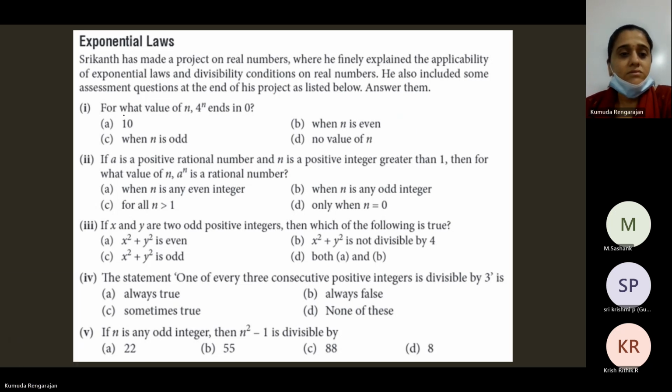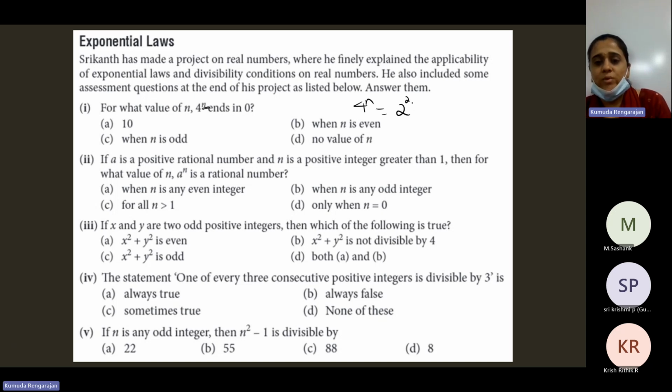So for what value of n does 4 to the power n end in 0? No value. Whether n is odd, even, whatever it is. 4 to the power n, this is what you should be writing, is 2 squared, the whole power n, which is 2 to the power 2n. This means the prime factor here is only 2.